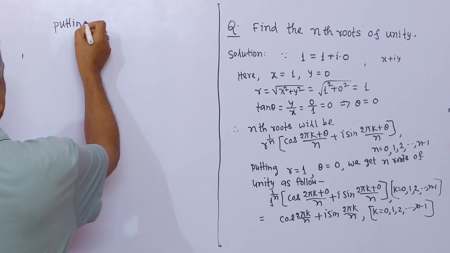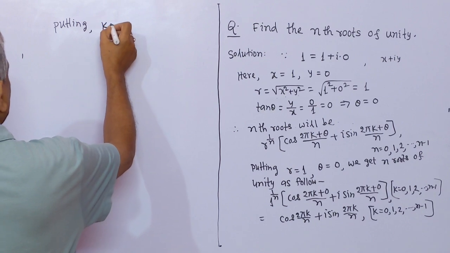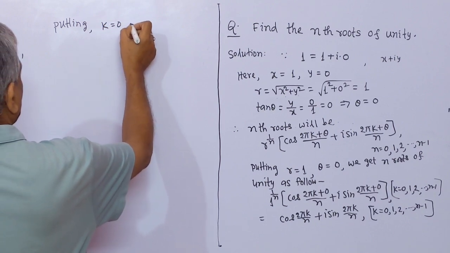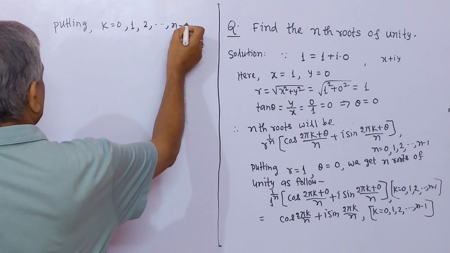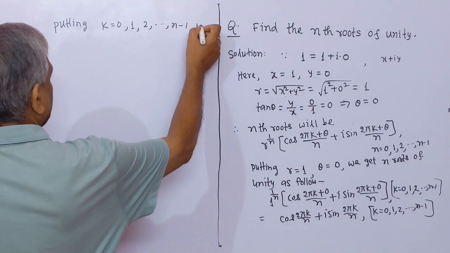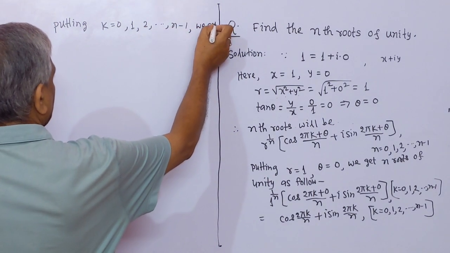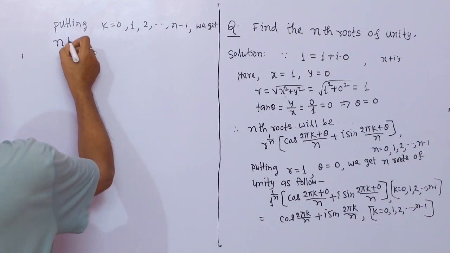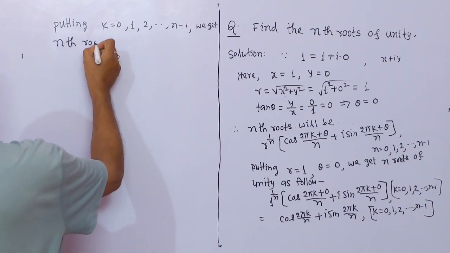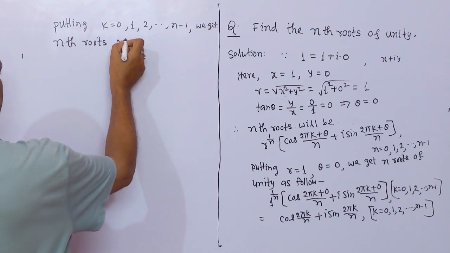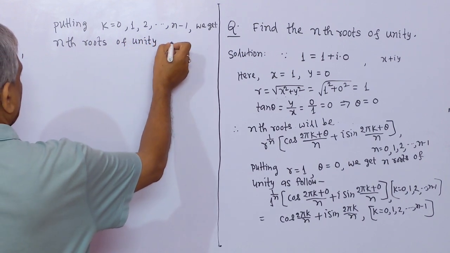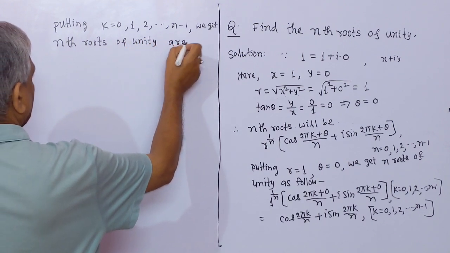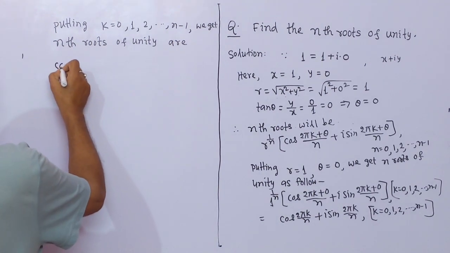Putting k equal to 0, 1, 2, up to n minus 1, we get the nth roots of unity as follows.